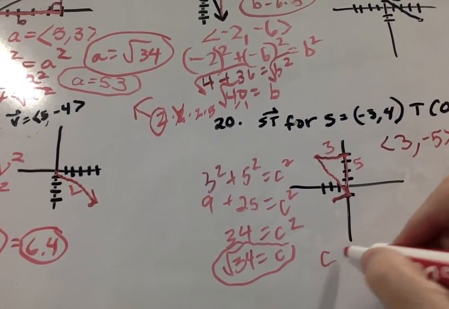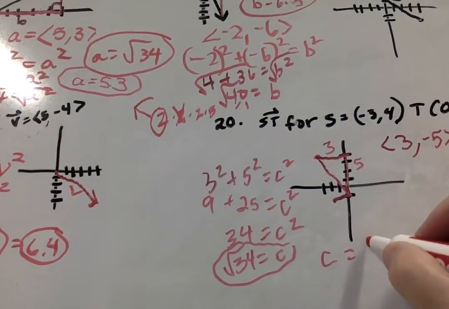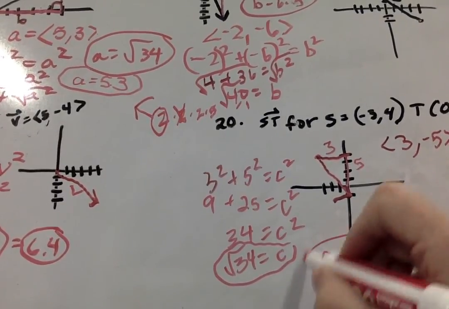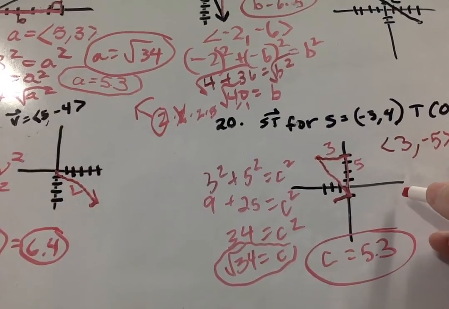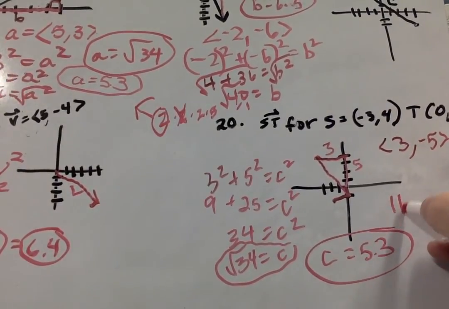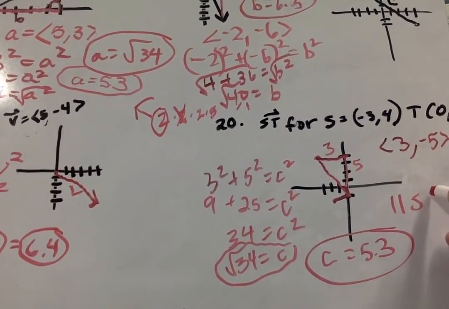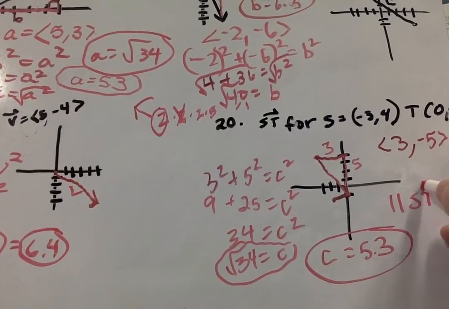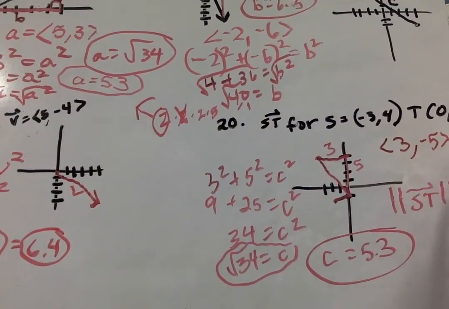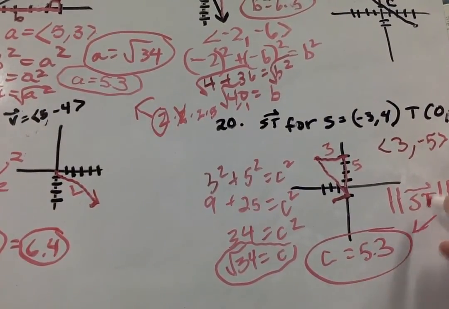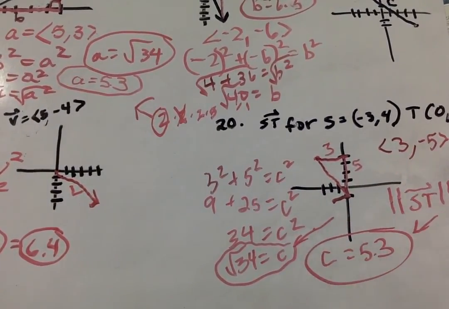And then c equals 5.8. Okay. All right. And again, magnitude, I should probably put the magnitude of ST and get used to drawing the absolute value of ST equals this and that. Okay, you can get the rest of that page, students. You rock.